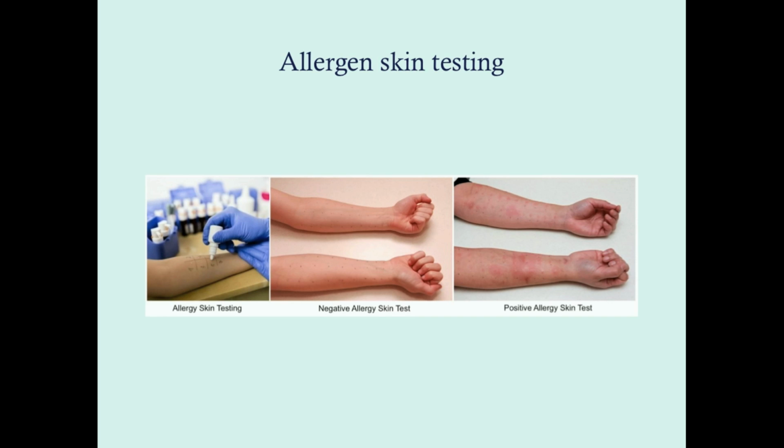So this is allergen skin testing. What they're doing here is taking allergen and injecting it slightly beneath the skin, and then we see there are positive reactions in some of these, and in other ones there's not. So they measure them. You don't need to know exactly how to do this, just know this is a common way of testing for allergy.